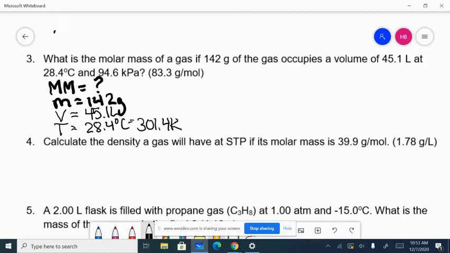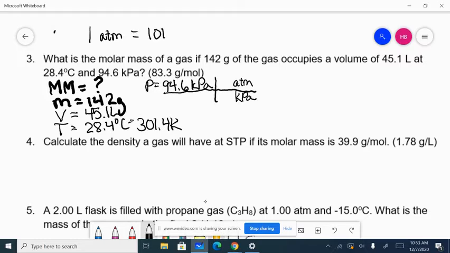And a pressure of 94.6 kilopascals. Remember, to change kilopascals to atmospheres, we need to have kilopascals cancel, and we want to change it to atmospheres. The conversion factor is 1 atmosphere is equal to 101.3 kilopascals.